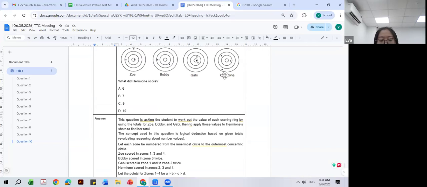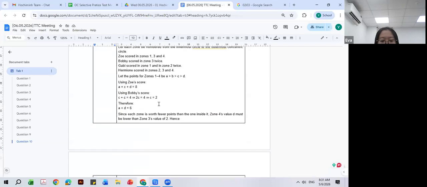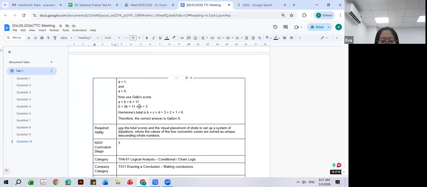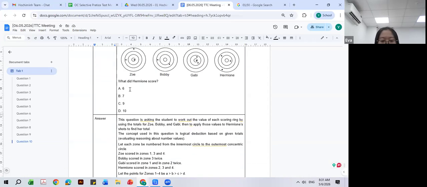And final one, we will find the score of Harmony. Harmony scores 1 point at the second, 1 point for the third, and 1 point for the last. So it means B plus C plus D. We just need to substitute the values we found in the former steps to here. We will find the total score of Harmony is 6. So we choose the correct answer, option A.